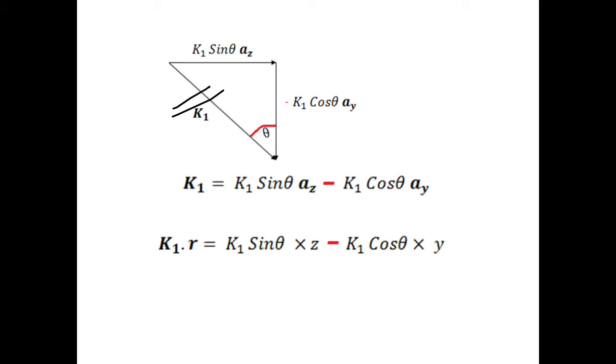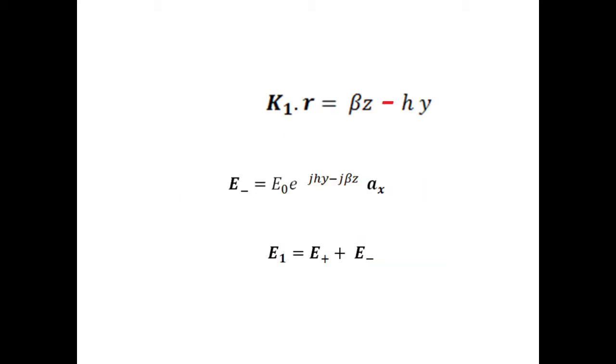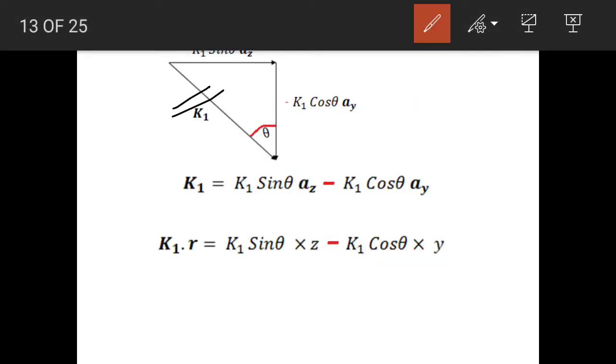The only difference between these two scenarios is that the y component over here is negative. So we have resolved k1 into two components, k1 sine theta az minus k1 cos theta ay.